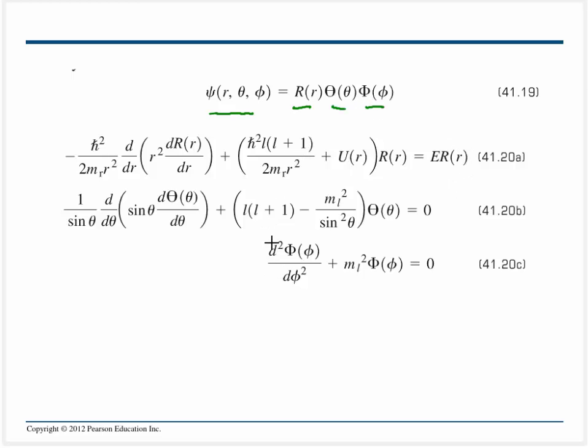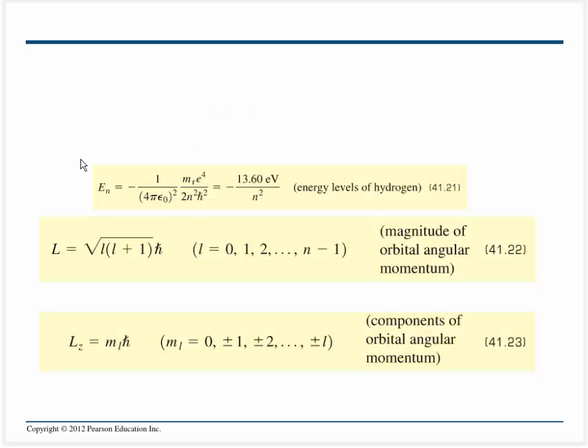Again, it's been solved before. You'll solve it in a higher level physics class. What I care about more is that we have these quantum numbers, m sub L, L, as well as n. What falls out of the Schrodinger equation when you solve it is that the energy levels have to be discrete, and it's the exact same energies that we found with the Bohr model, so we get a warm fuzzy feeling about that.